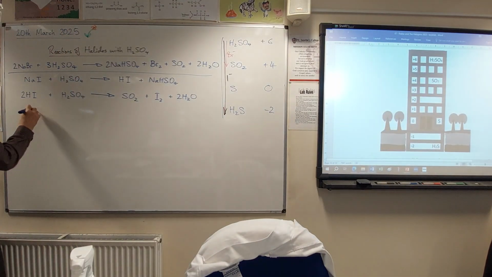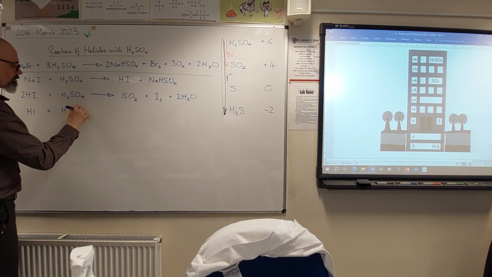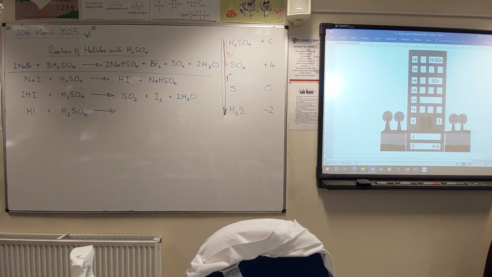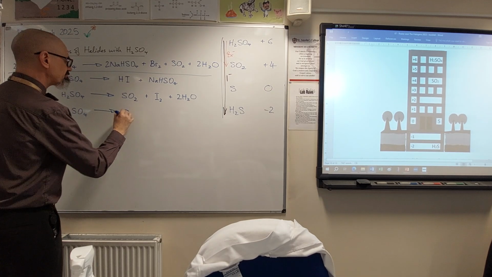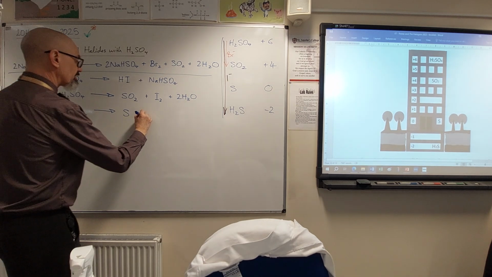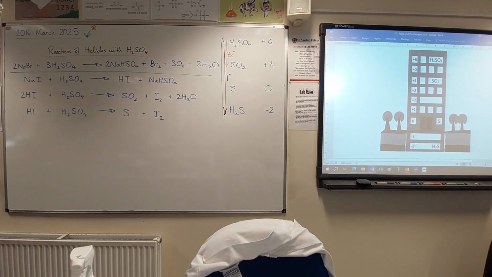So let's do sulfur first. And iodine will be the other product. Could you give me a balanced version of that equation, please?